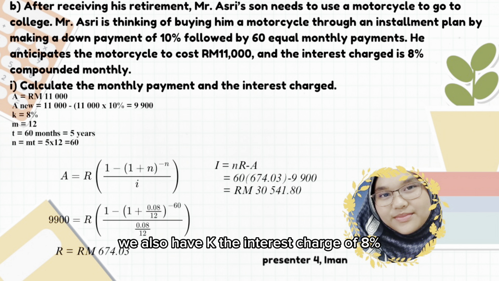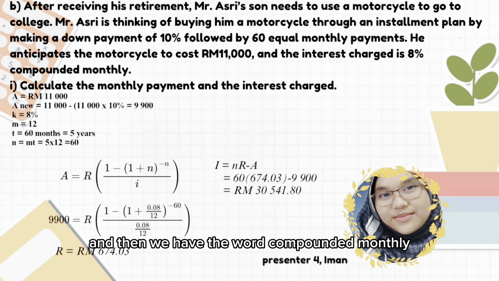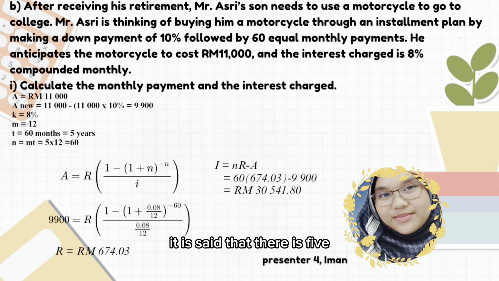We also have K, the interest charge of 8%, and then we have the words compounded monthly, which means M equals 12. To get T, it is said that we have 5 years from the words 60 equal monthly payments. And then the N we get from MT, which is 5 times 12 equals 60.